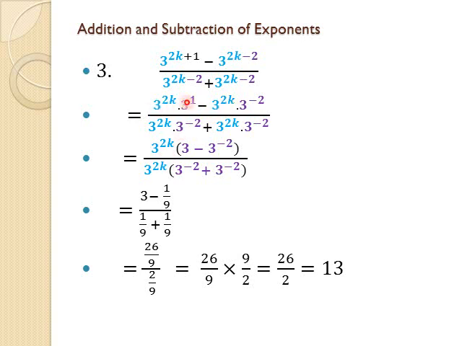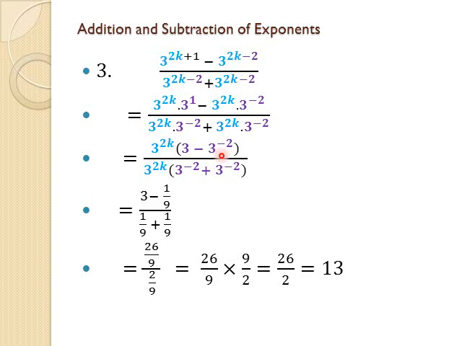I take that out. Left with 3 to the power 1, which is simply 3, minus 3 to the negative 2. The bottom, I take out 3 to the 2k, 3 to the negative 1, plus 3 to the negative 2. So generally, whatever I take out with the division sum, the common factor must cancel. So 3 to the 2k cancels with 3 to the 2k. So I'm left there with 3 minus 1 over 3 squared.